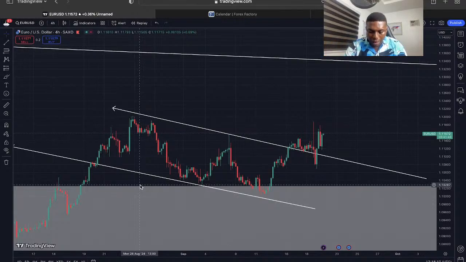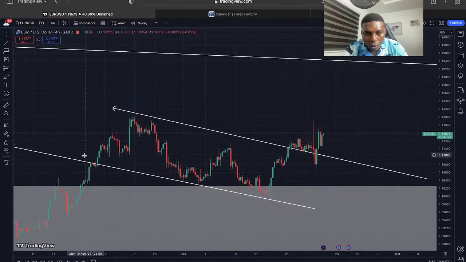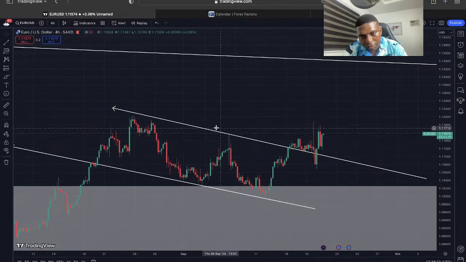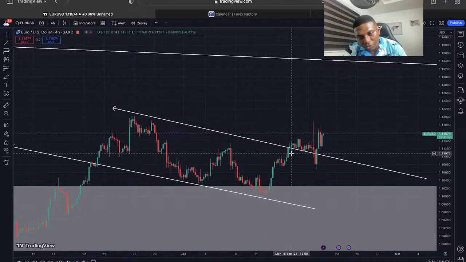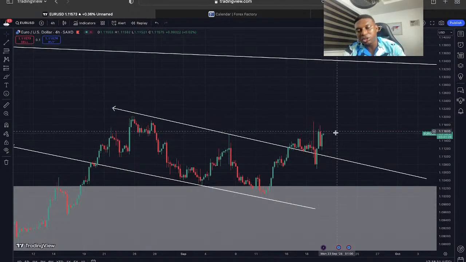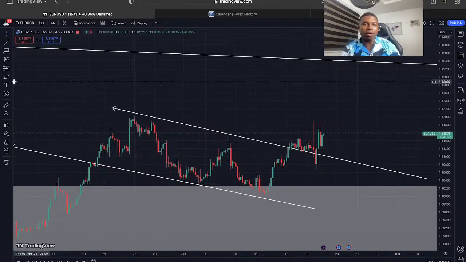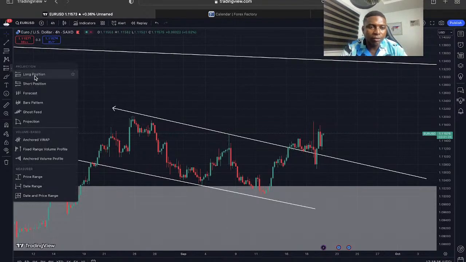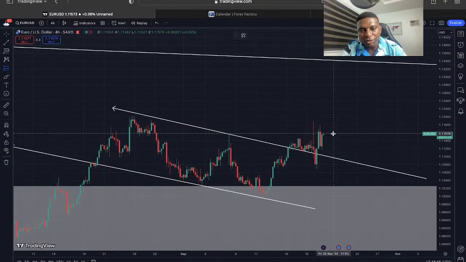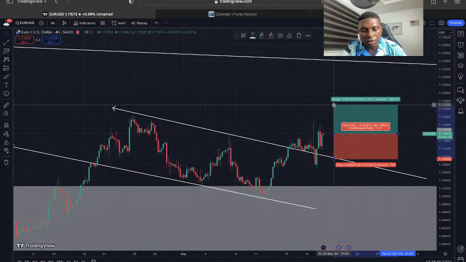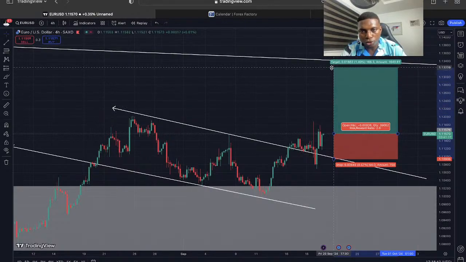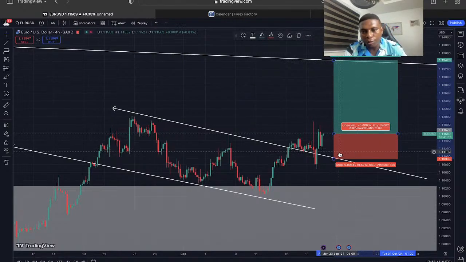When you see how price has been moving in this channel, and finally broke out of this channel, consolidated around the channel, and pushed back outside the channel, what is this telling us? We are expecting a push up in price.